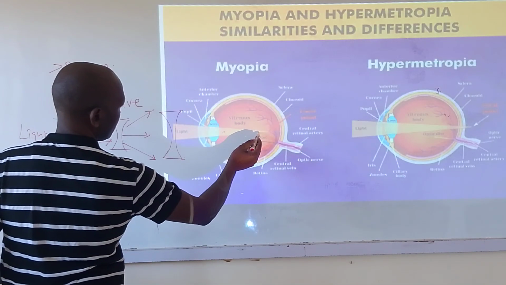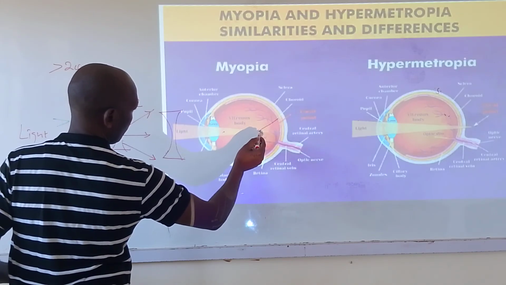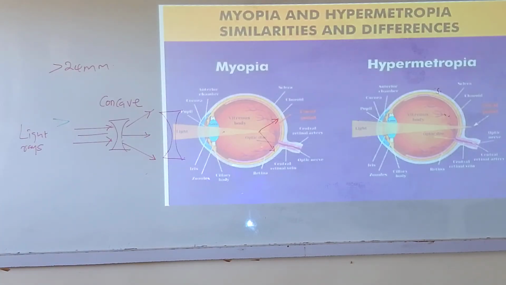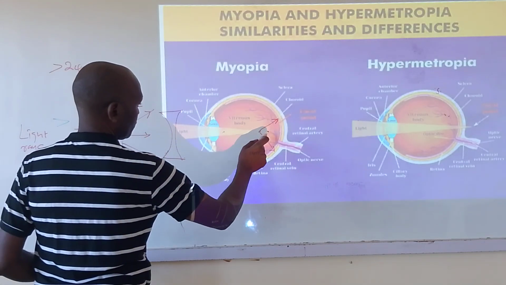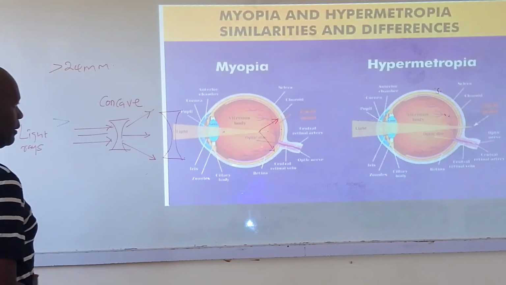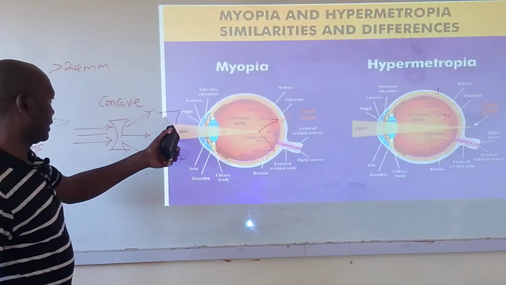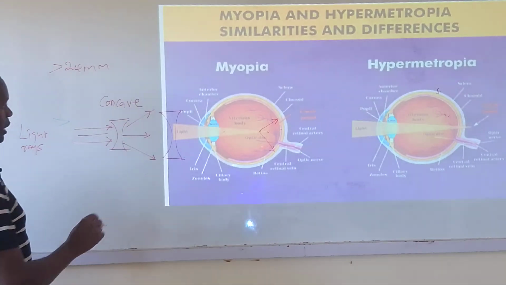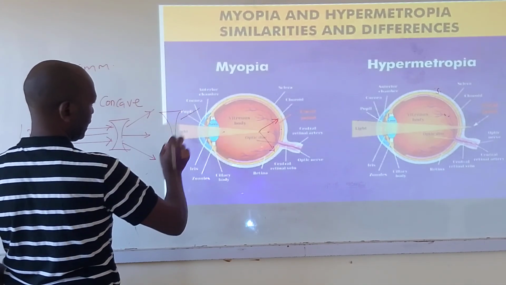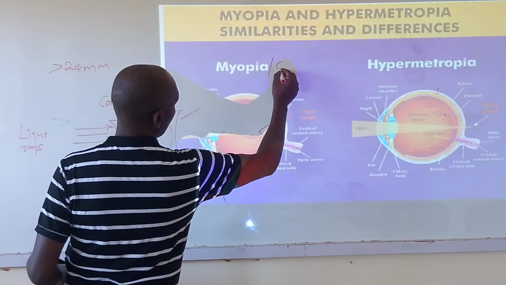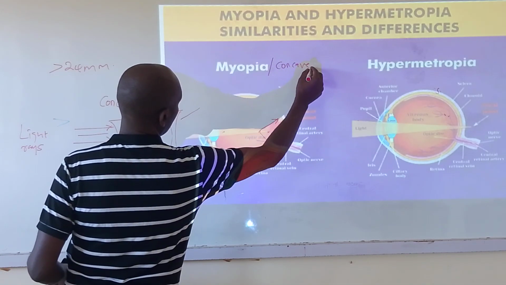When they diverge it, it will push it further to the retina. Since our light is supposed to reach the retina, but it is reaching somewhere here, then you need these glasses, which can diverge the light rays and push it onto the retina. So myopic patients are normally corrected using concave glasses.